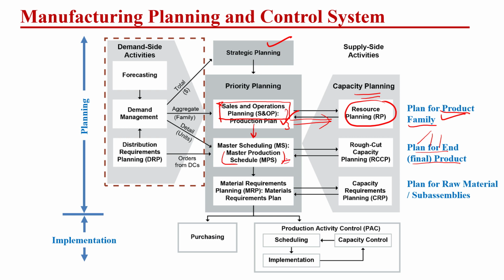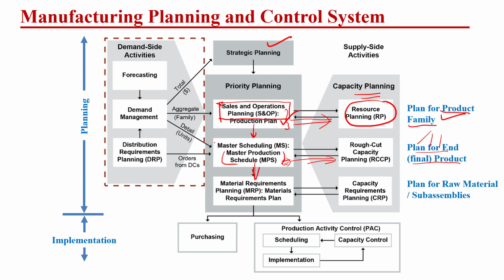And finally, we will see whether that master production schedule is aligned with the capacity or not. If it is not, then we try to adjust the capacity according to the master production plan. And then once we have the master production schedule, we will develop the material requirement planning.